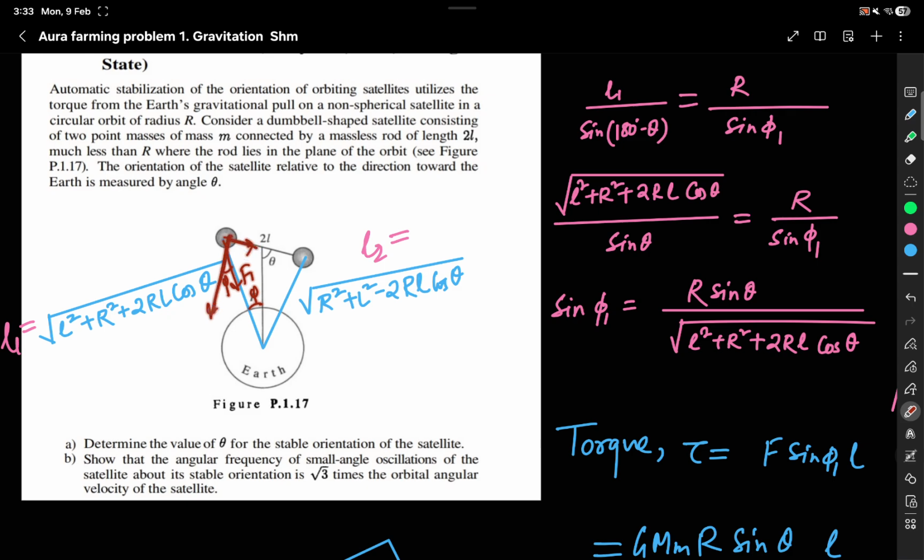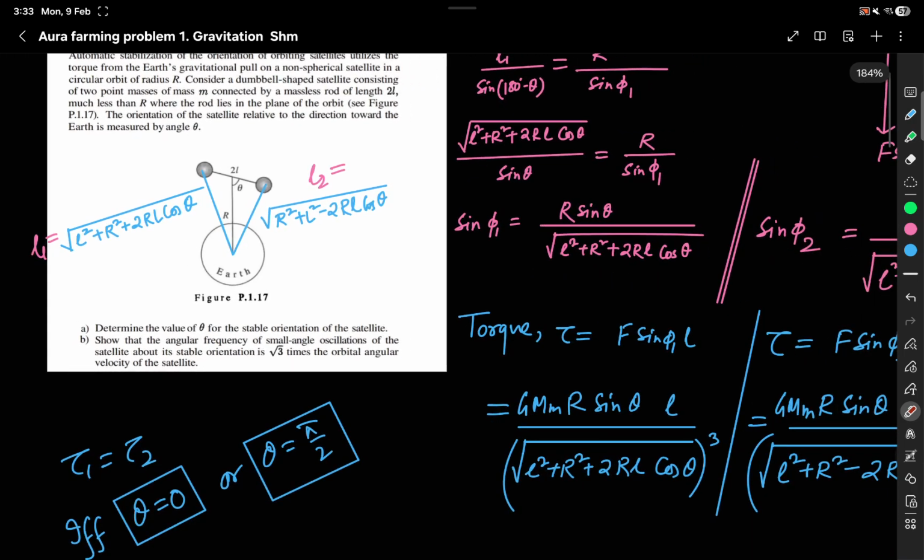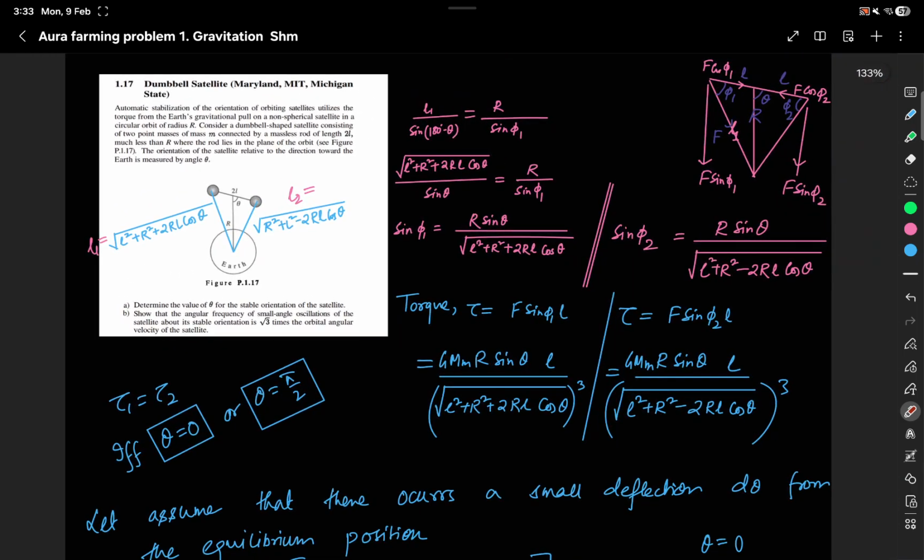So it will have two components: F1 cos phi and F1 sin phi. Similarly for this one, there will also be two components. This component will not contribute to the torque, only this component will contribute towards the torque. Okay, so that's what I have done.